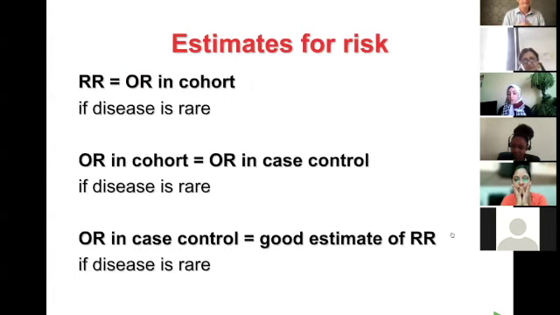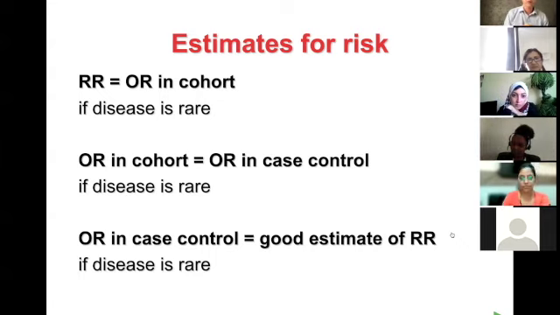Good. But one thing I still need to tell you: how do relative risk and odds ratio compare? Of course, you can also calculate odds ratios in a cohort study. I don't know why you would want to do that, but you could.